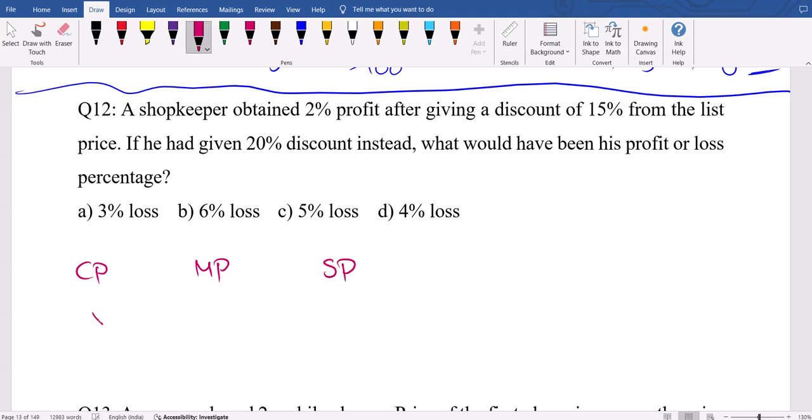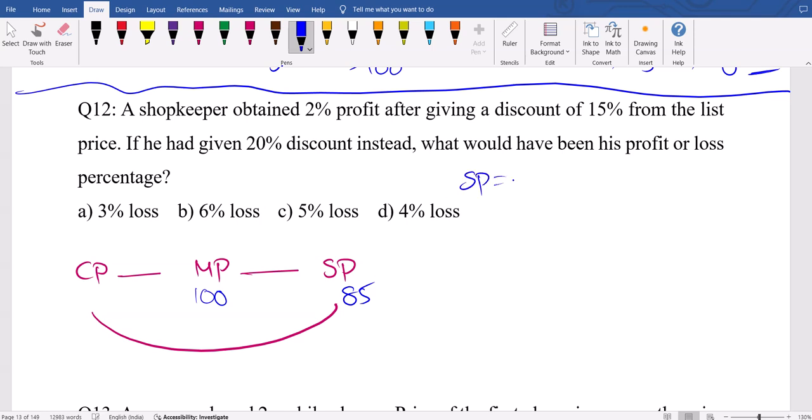Now assume cost price as marked price. It's your wish. Sir, I'll assume marked price. Okay, marked price 100. Then 15% discount means 85 is the selling price. Still you are getting 2% profit, which means selling price equals 102% of cost price.